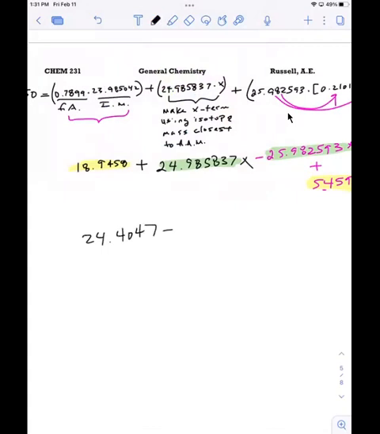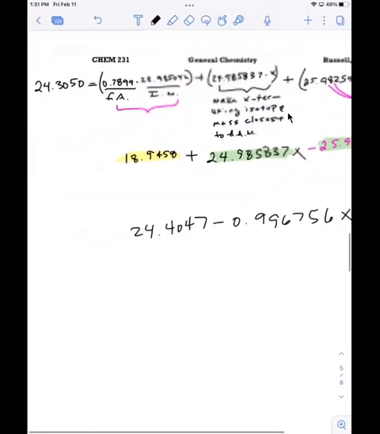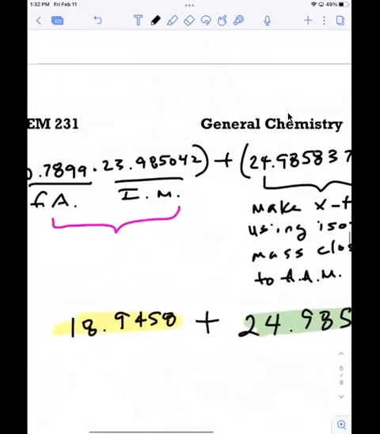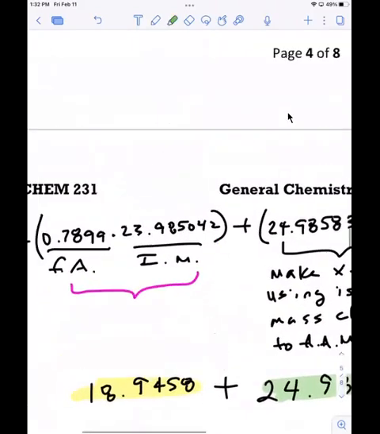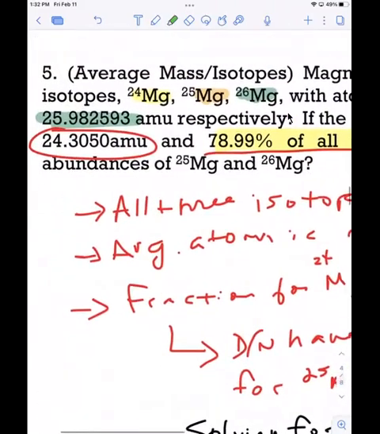And that's going to be plus, minus, I'm sorry, 0.996756X. And all of this is equal to the average atomic mass, which is 24.3050. And again, this is magnesium 24, what I color coded up here. 24, I think, was yellow.